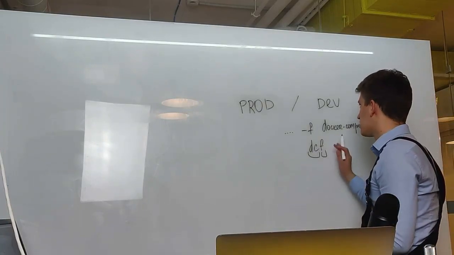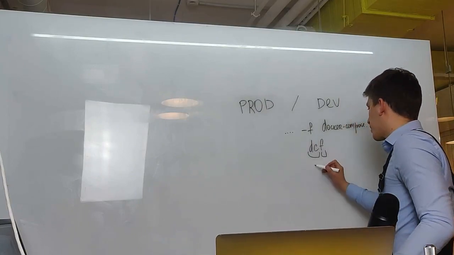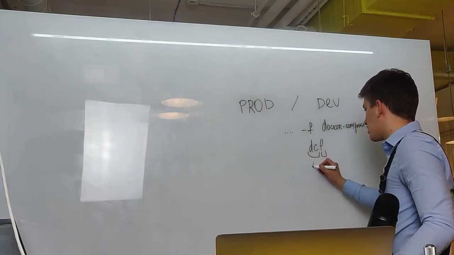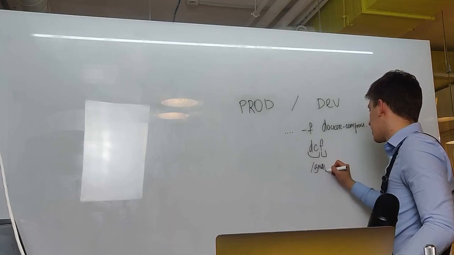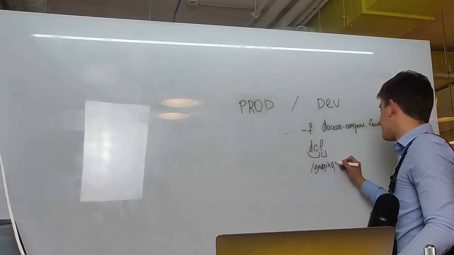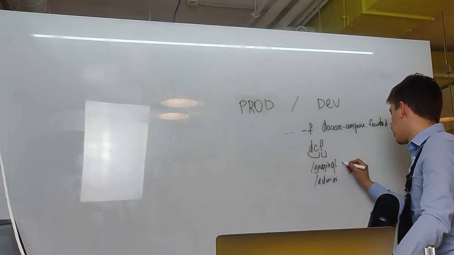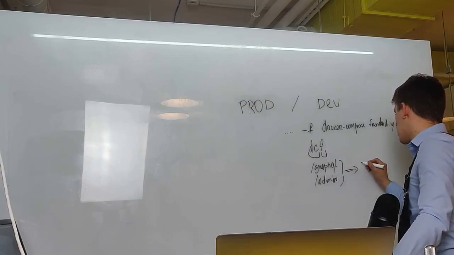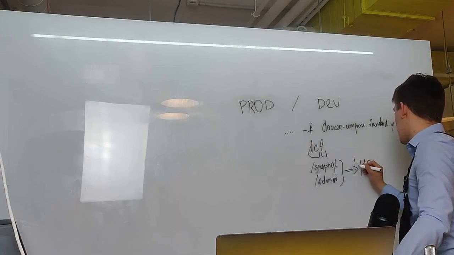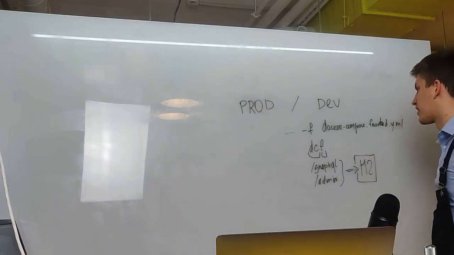And the difference here will be that all requests to /graphql or /admin will be directed to Magento 2, so handled on the backend server.